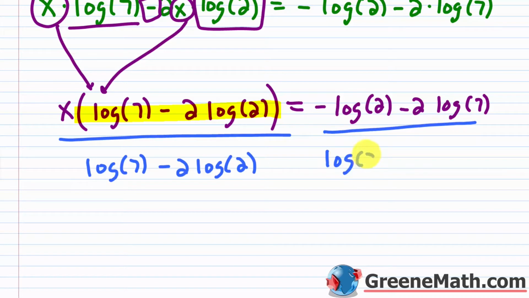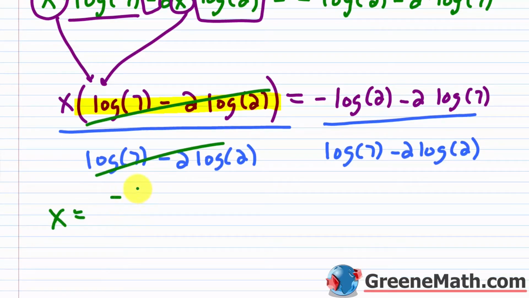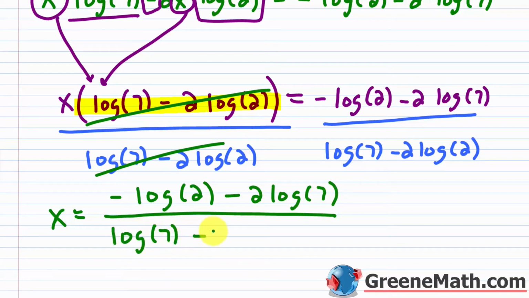And what do we get? Well, this cancels, so that's done. We get x is equal to negative log of 2 minus 2 times log of 7 over log of 7 minus 2 times log of 2.